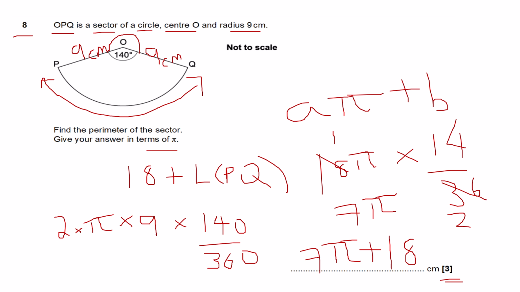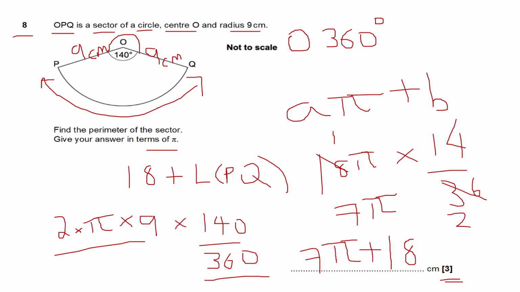Then I multiply that by what fraction of the sector I have. The angles around a point add to make 360 degrees. I have 140, so I have 140 over 360 of that amount. I multiply that by 2 pi r, hence giving me 7 pi.